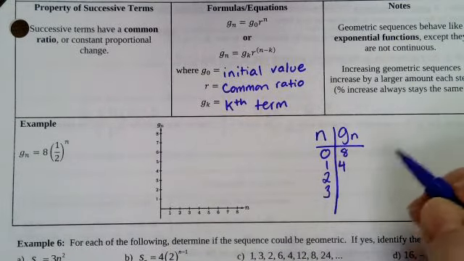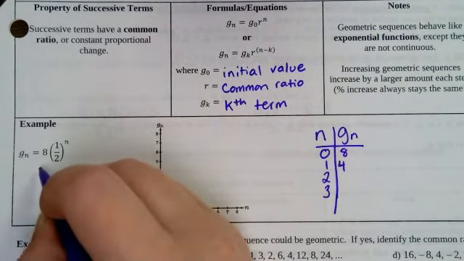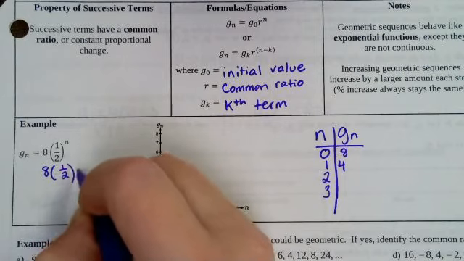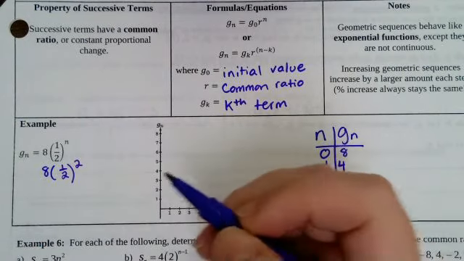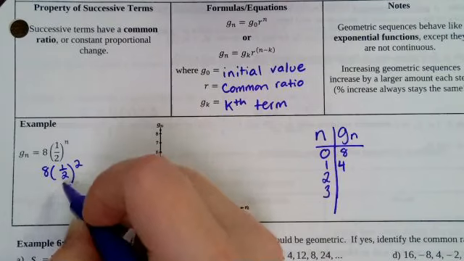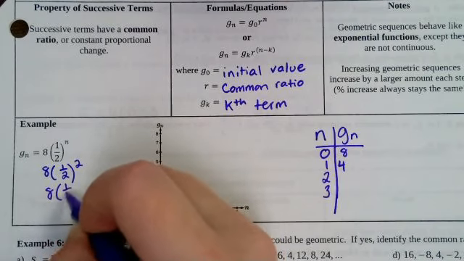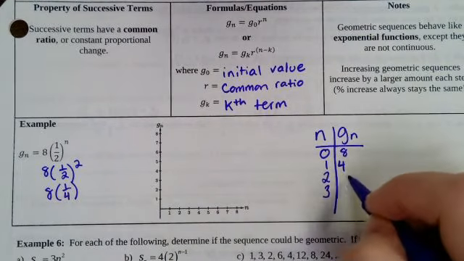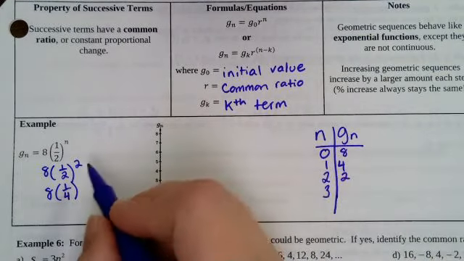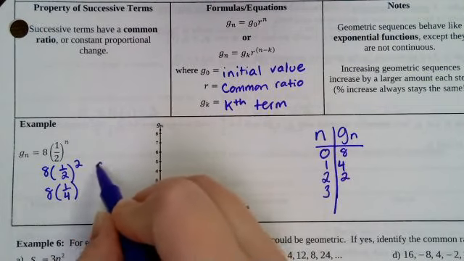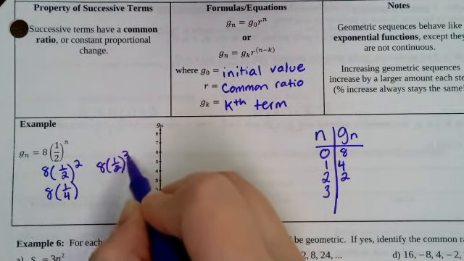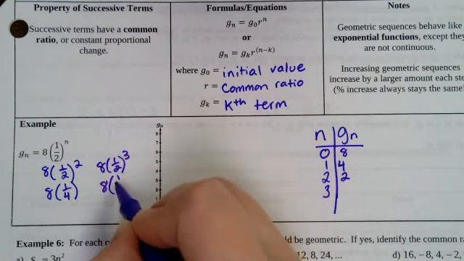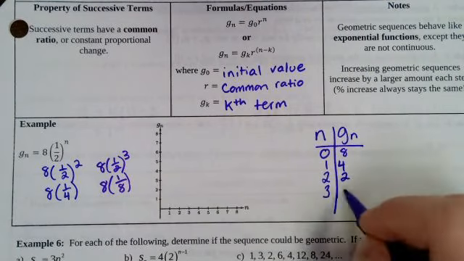If we plug in a 2, now for those of y'all who have forgotten your properties when you deal with exponents, when you square a fraction like that, it squares the top and squares the bottom. So this is really 8 times 1 over 4. So 8 times 1/4 would give us 2. If you did a 3 instead, 8 times 1/2 to the third, that's going to give you 8 times 1 over 8, cubing both the top and the bottom, which results in 1.